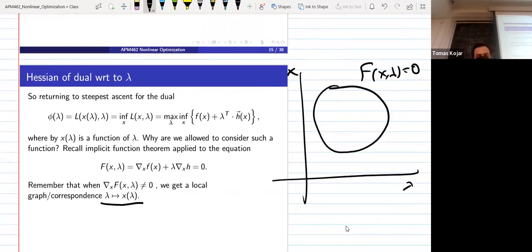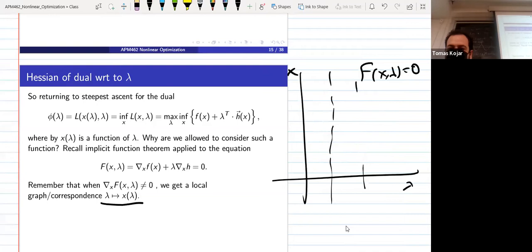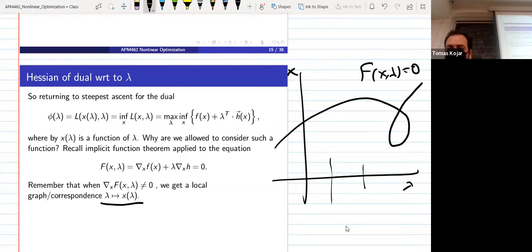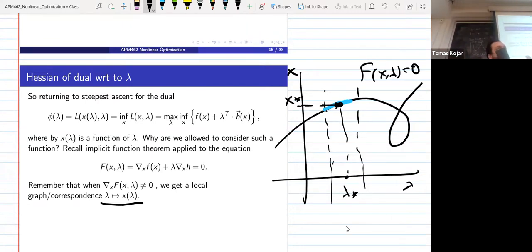And it says that locally around the minimizer, x star, lambda star, you can write a graph for lambda.